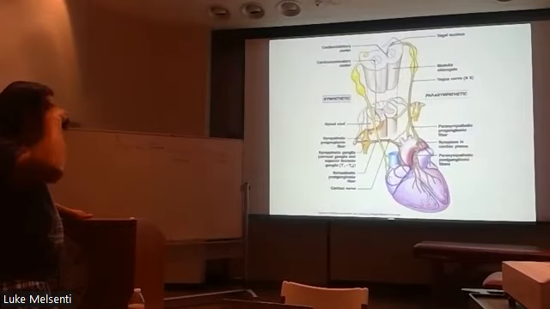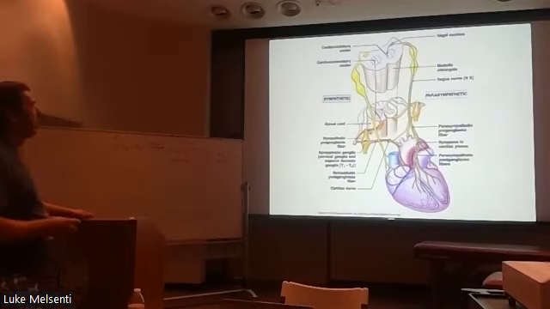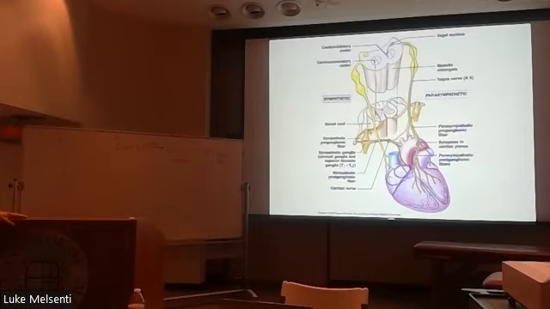All right, so you have parasympathetic and sympathetic stimulation of the heart. Parasympathetic is coming from the vagal nucleus through the vagus nerve. What it does is it slows the heart down. Sympathetic is coming from T1 to T4 from the lateral horn.